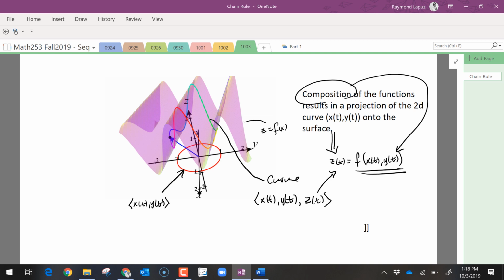Some of the applications that they talk about give you a temperature instead of a height, like we're doing. So they say you have a plate, and then the temperature in the plate is T of x y, and as you move around the plate, your temperature will be changing. So if you move in a specific direction, what's that derivative going to be?